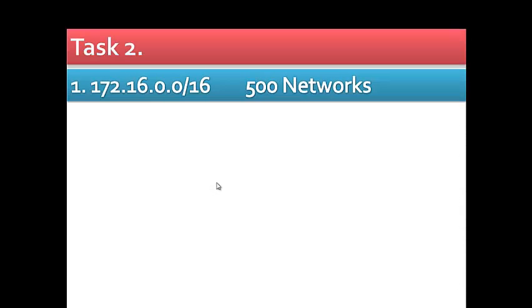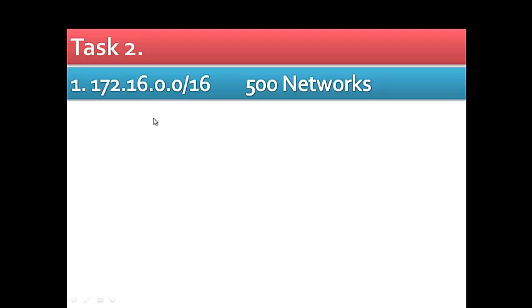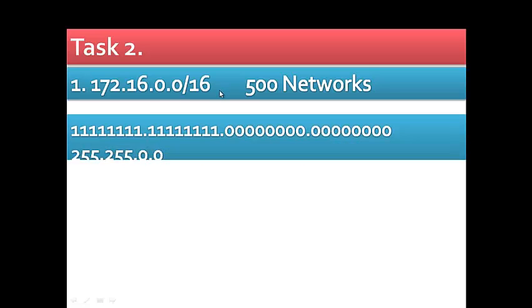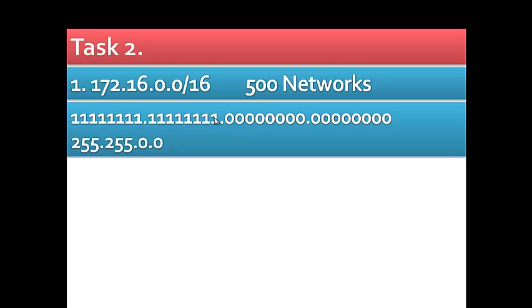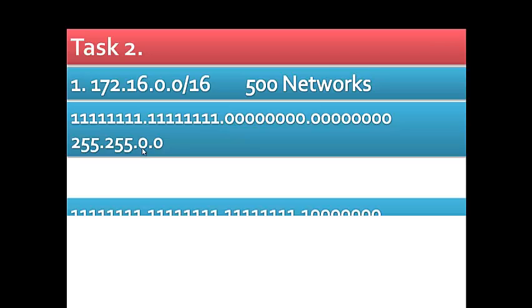Task number 2. In task number 2, we are given an IP address 172.16.0.0/16, and we have to split this network into 500 networks, right? So first we will change the subnet mask into binary. This is the binary version of 255.255.0.0 in decimal form.